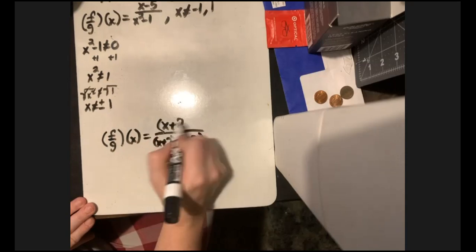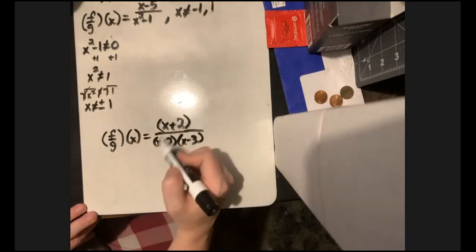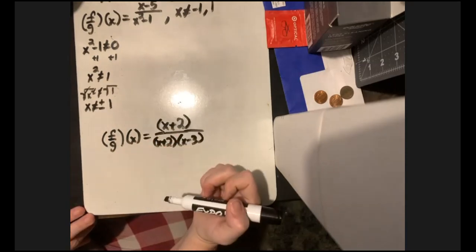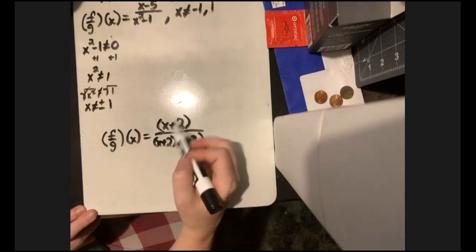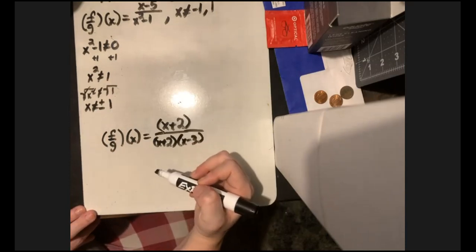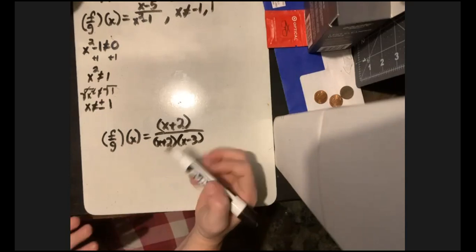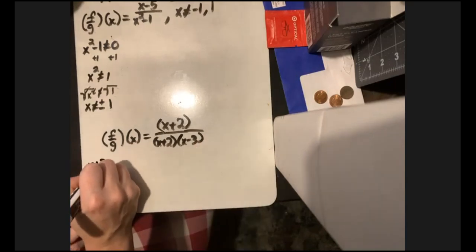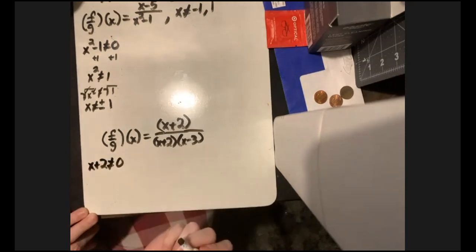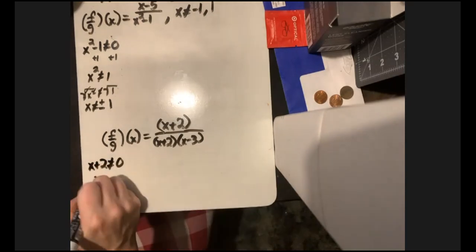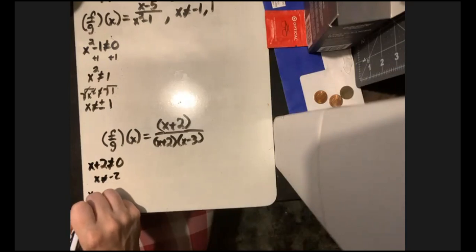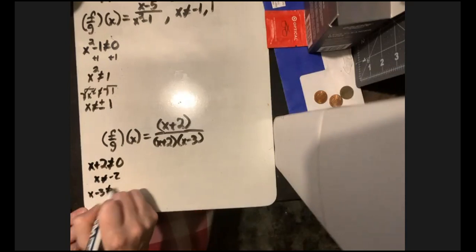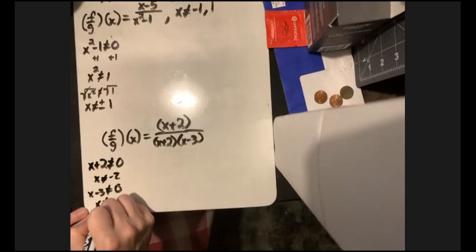You would, in fact, be able to cross out the x plus 2 over here, and that would cancel off. That's fine, but you still have to make the declaration that x plus 2 cannot be 0, which means x can't be -2, and x minus 3 can't be 0, which means x can't be 3.